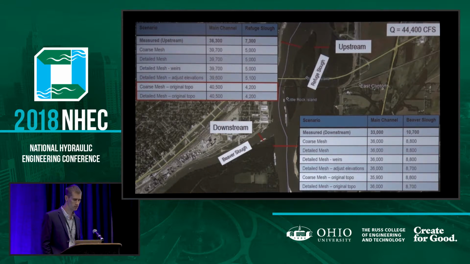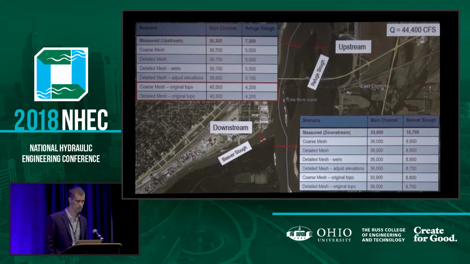near a wildlife refuge there, it's about 7,300 CFS. And you look at all the different ways that we looked at it: 4 different mesh resolutions, using weirs to represent the wing dams, and actually adjusting the elevations of the mesh to make sure that the wing dams were captured with one element.